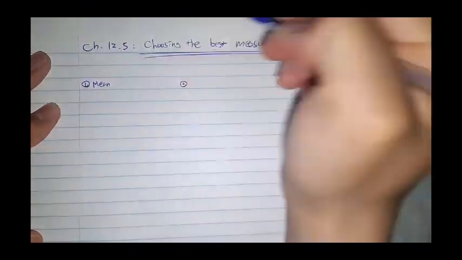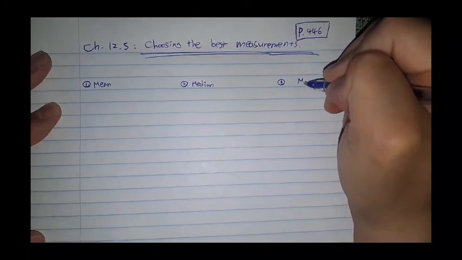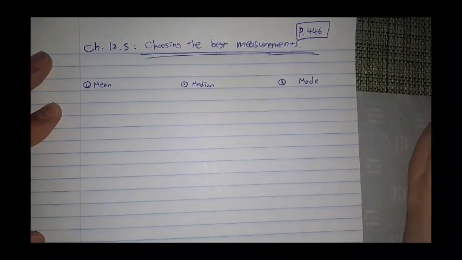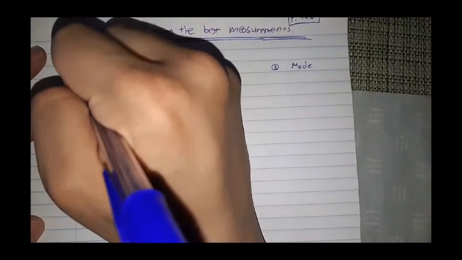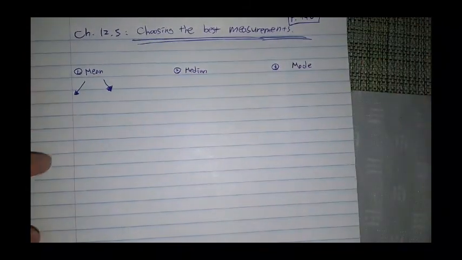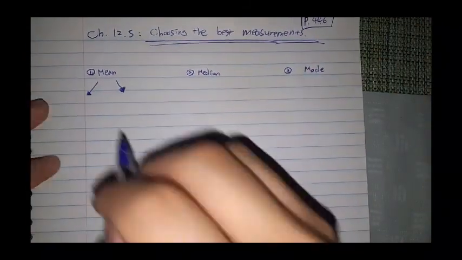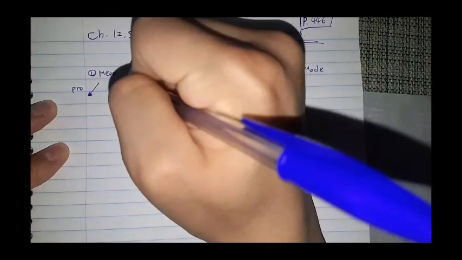One is mean, one is median, one is mode. Now there are pros and cons about this. Some of those are benefits or some of those are disadvantages. Let's think about cons. Pro first.